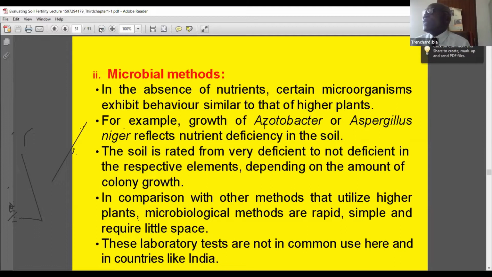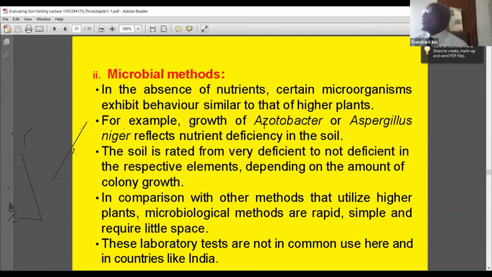The soil is rated from very deficient to not deficient in the respective elements, depending on the amount of colony growth. So you grow Azotobacter, you grow Aspergillus, depending, and you look at their growth pattern, you look at the bloom, you look at their overall mass and colonies, and you count and you compare.